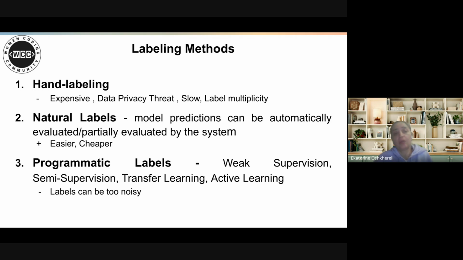So if we have supervised machine learning, we have to label our data. One method which the book discusses is hand labeling, but of course it could be expensive. There could be some data privacy threats. It could be slow, and there could be label multiplicity.